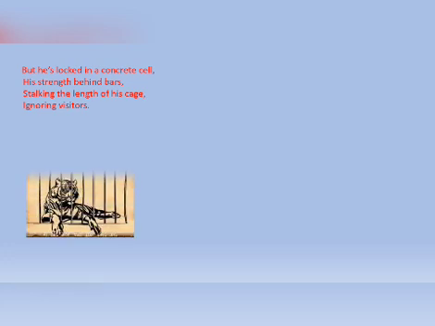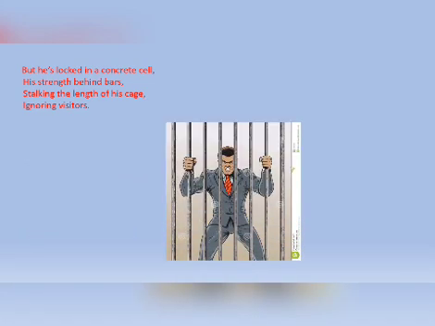Let's go on quickly to the next stanzas. "But he's locked in a concrete cell, his strength behind bars, stalking the length of his cage, ignoring visitors." The poet stops imagining the tiger's alternative life and returns to its real one. The poet sees the tiger caged in a small concrete cell in the zoo, like a prisoner in the jail.